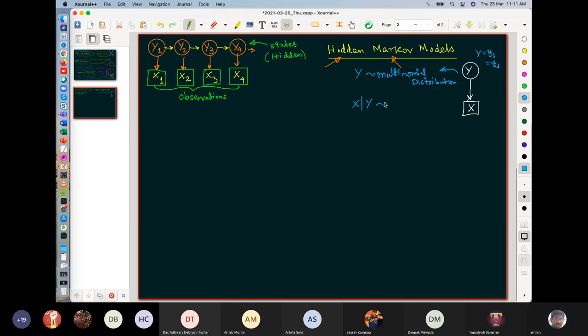This also follows a Gaussian distribution. The reason for a Gaussian distribution is that I am assuming the outcome behavior is continuous. If I assume outcome behavior to be discrete, then it also is a multinomial distribution, because multinomial distributions are used mainly to represent discrete states, whereas I use Gaussian distributions to represent continuous states. So these are one or two assumptions that we make in order to mathematically formulate.